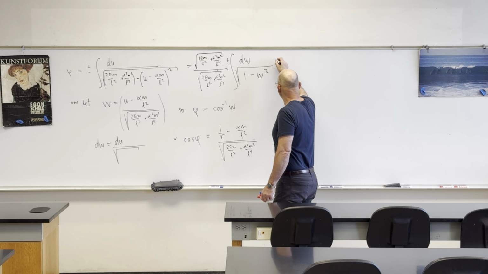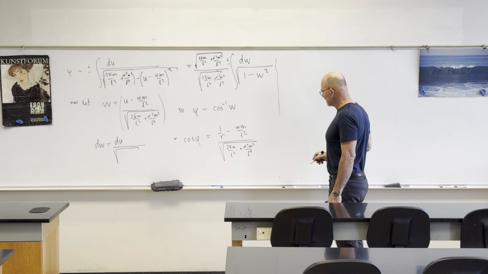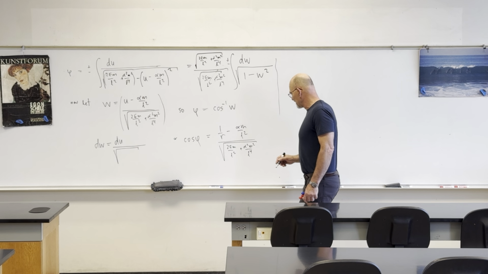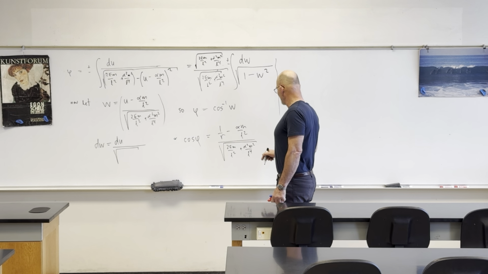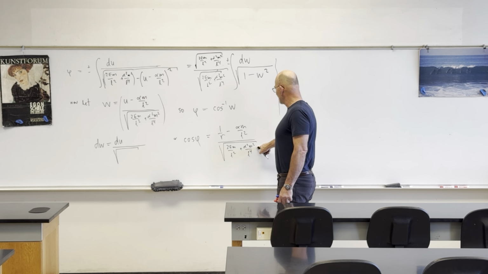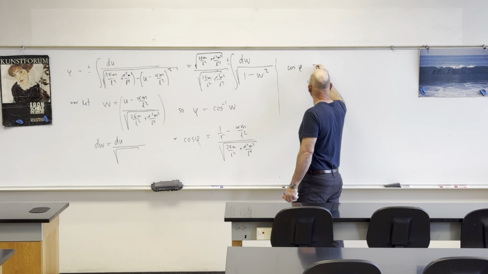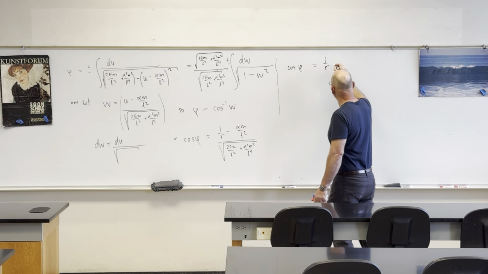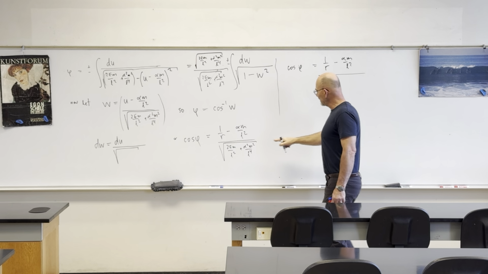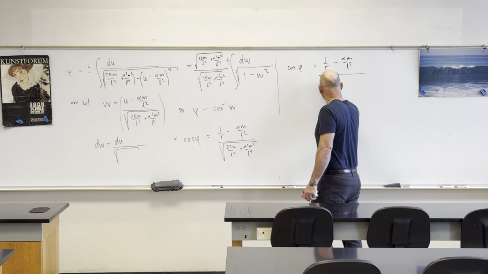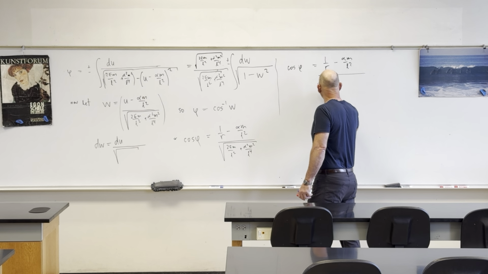Here we go. We're going to leave it in this form for the moment. We have alpha m over L squared here. So cosine b, we've got 1 over r minus alpha m over L squared. Now this, apparently we can pull out an alpha m over L squared.